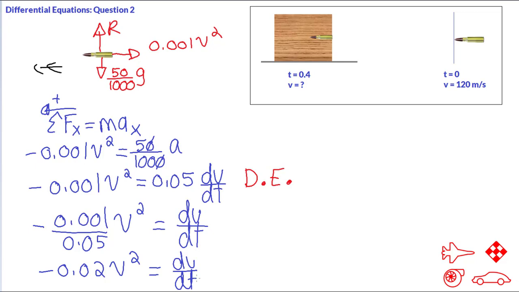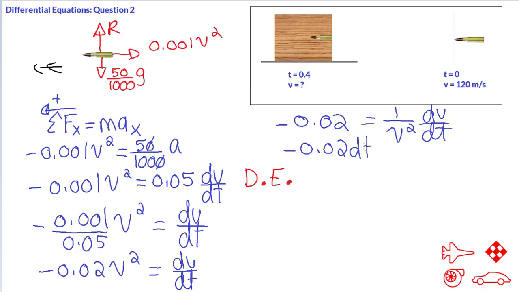Then we say minus 0.02 equals 1 over v squared dv over dt. Finally, multiply both sides by dt, and our equation becomes minus 0.02 dt is equal to 1 over v squared dv. Integrate both sides with respect to their individual variables.